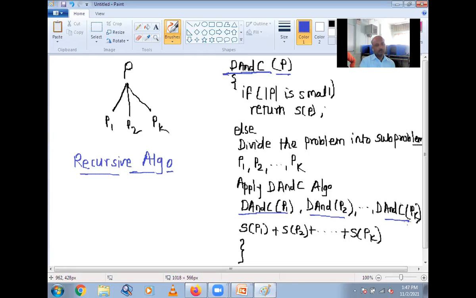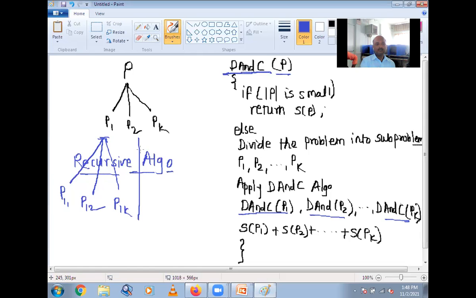If the problem is small, then solve as it is. If the problem is large, then divide that problem into sub problems. Again, in case of problem P1, if the problem is small, then solve as it is. If this problem is large, divide into sub problems, that is P11, P12 up to P1K.